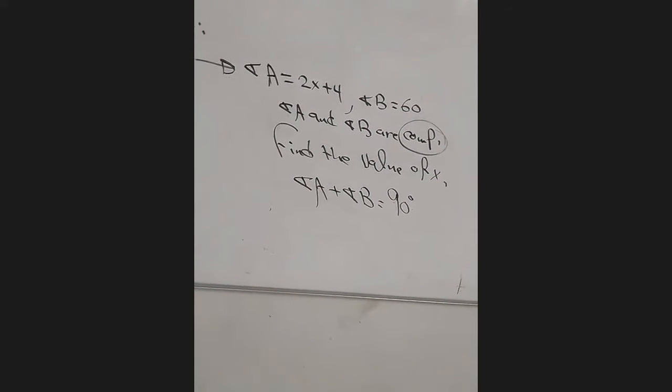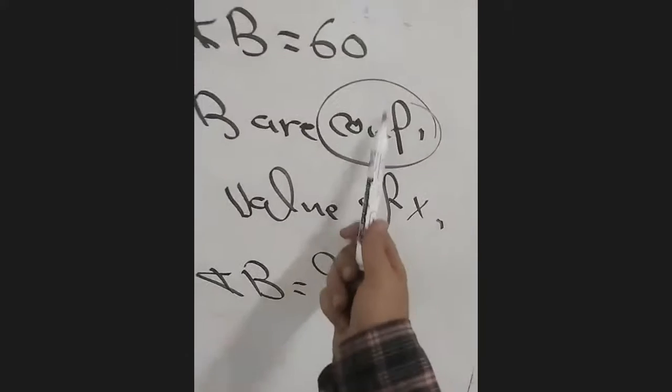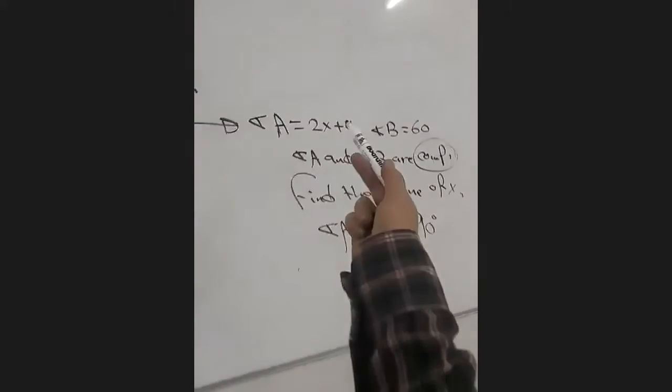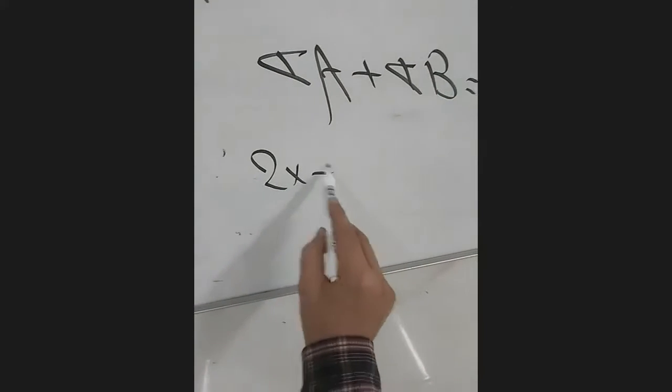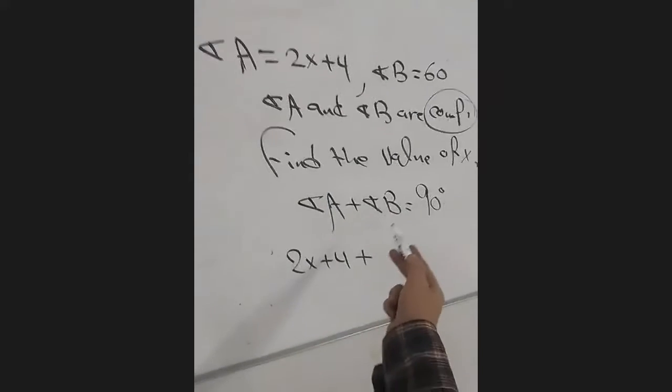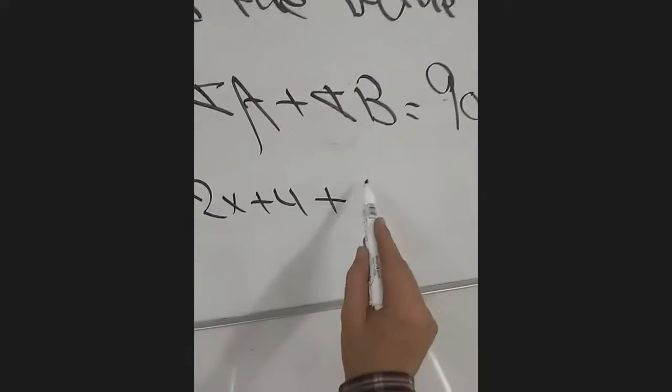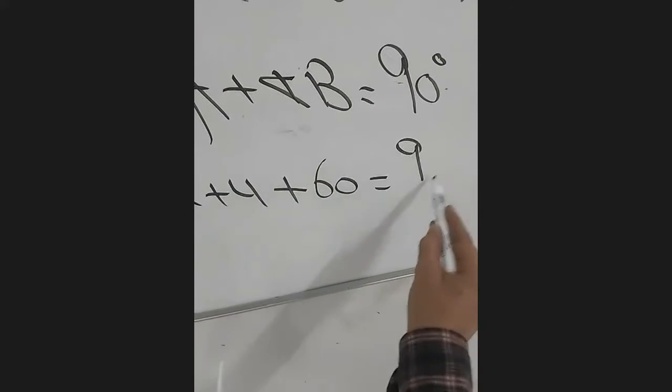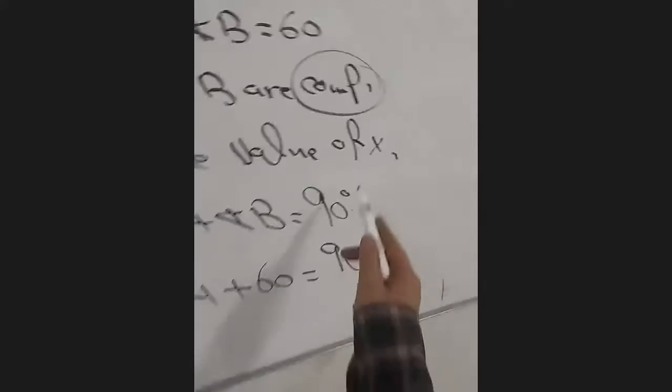No. From where do I know the 90? From the complementary fact. Now, angle A is given as 2x plus 4, replace it. 2x plus 4 plus angle B, given as 60, is equal to still 90. Now, the question wants me to find the value of x.